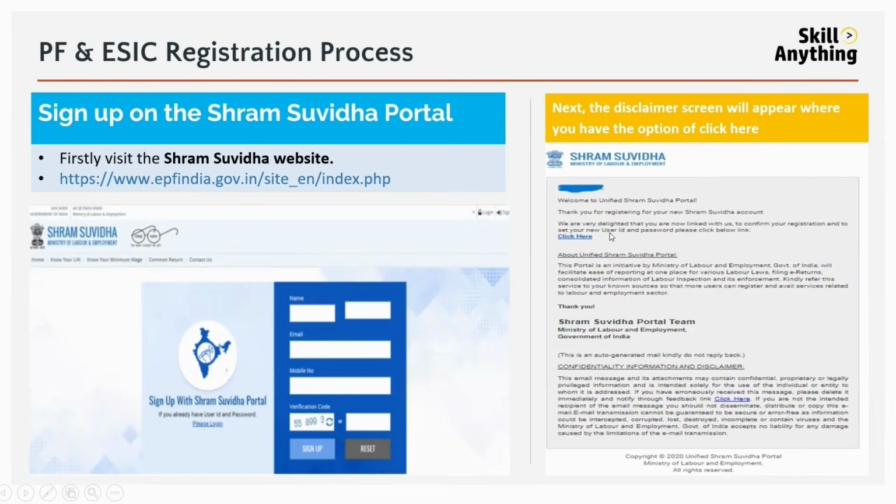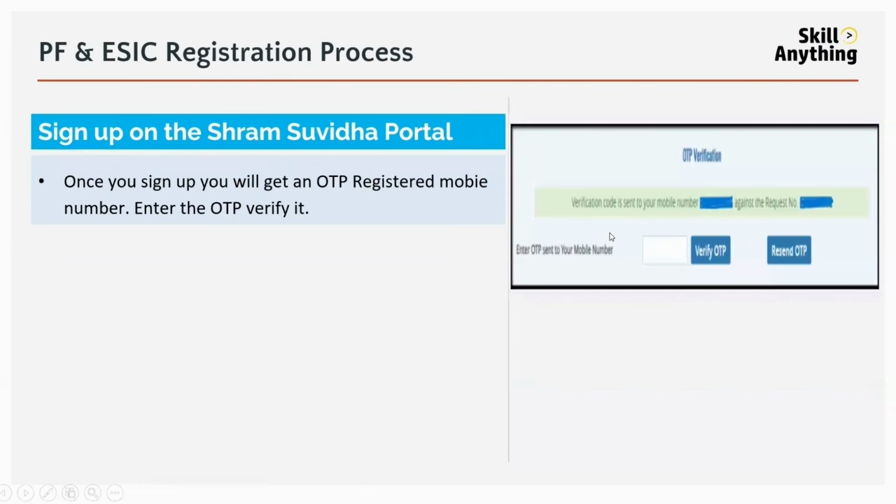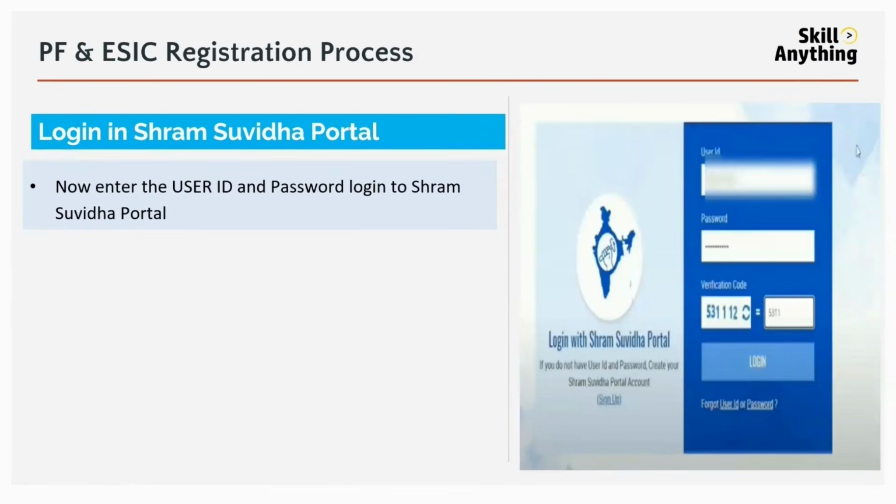You have to click there. After clicking there, you will get the OTP on your registered mobile number. You have to verify that. After verifying, you will get your user ID and password, and now you can log in to your Shram Suvidha portal.